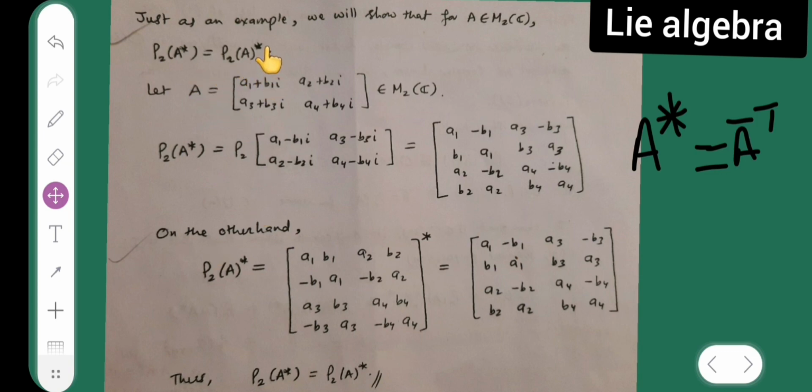So what is my rho 2 of A? First let me do rho 2 of A. Rho 2 of A is nothing but A1 B1 minus B1 A1, A2 B2 minus B2 A2, A3 B3 minus B3 A3, A4 B4 minus B4 A4.